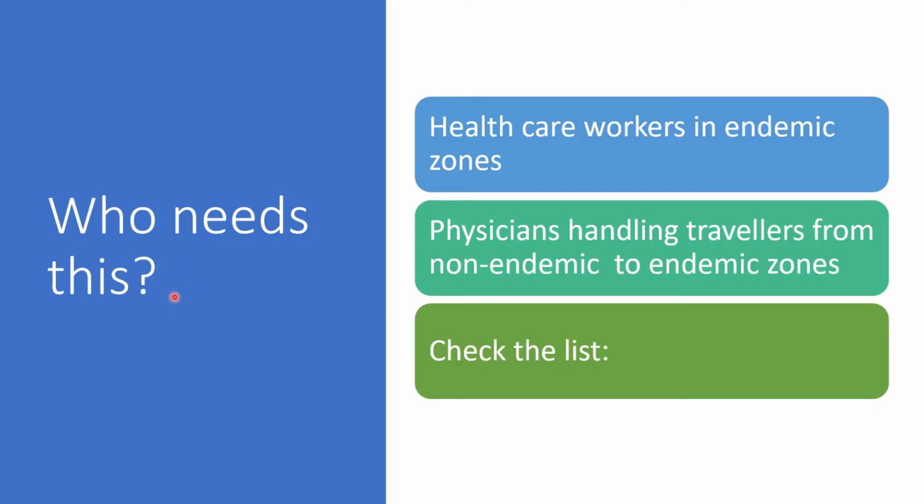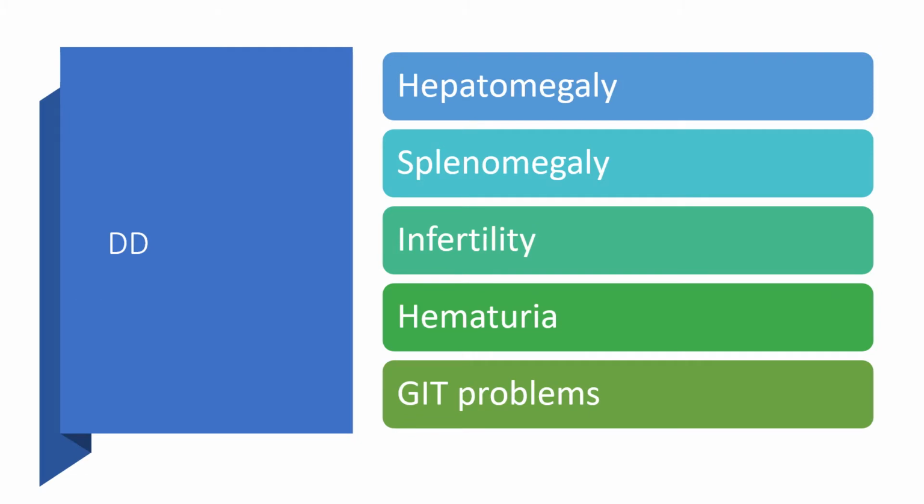Who needs this topic? Everyone does, but more importantly, healthcare workers in endemic zones and physicians handling travelers who have traveled to the endemic zones from the non-endemic zones and back to the non-endemic zones. Then, let's check the list. From the previous slide, if you see hepatomegaly, splenomegaly, infertility, hematuria, gastrointestinal tract problems, then be thinking about schistosomiasis.